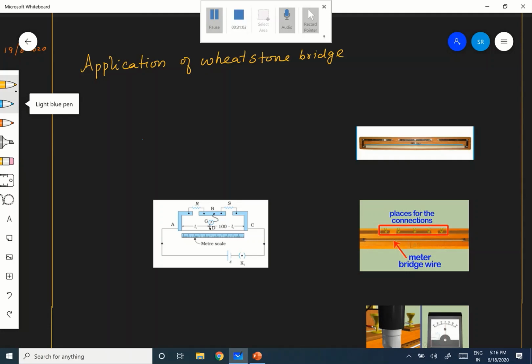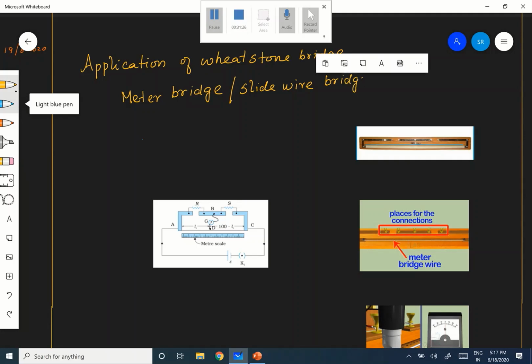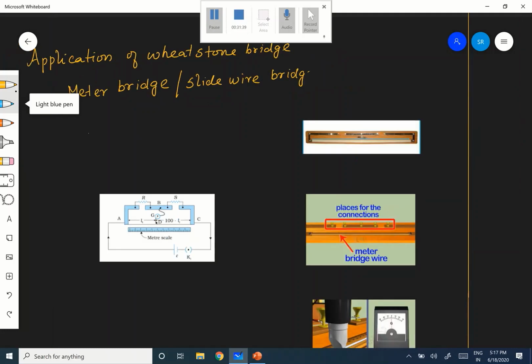It is also called the slide wire bridge. I think you would have seen it in our physics lab, last year in 12th standard when you were doing the experiment. Anyhow, I just want to show the apparatus here.